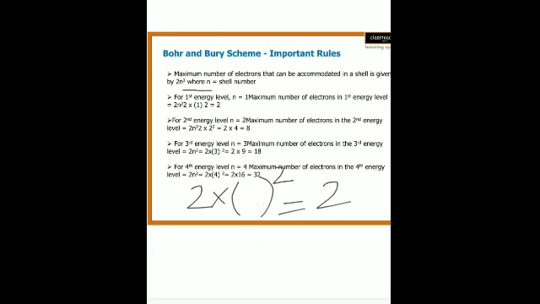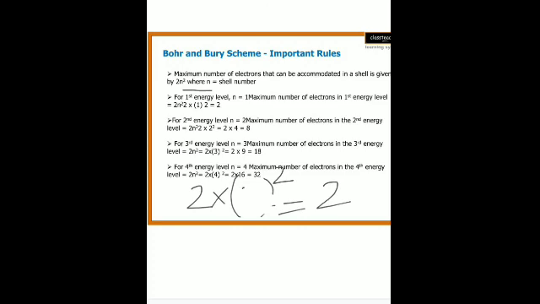Then considering shell number 2, that is the L shell, on the place of n in 2n square you put 2. Here, how much is n? It is 2.